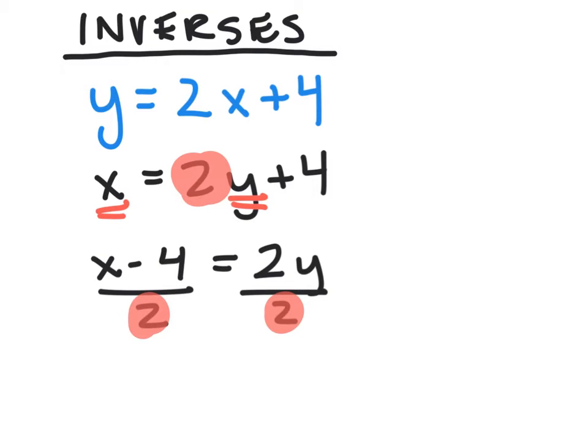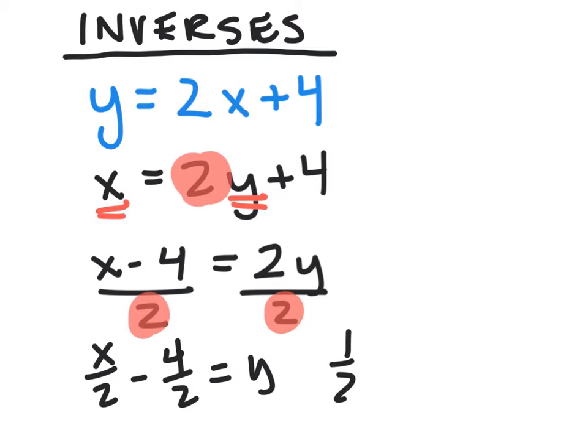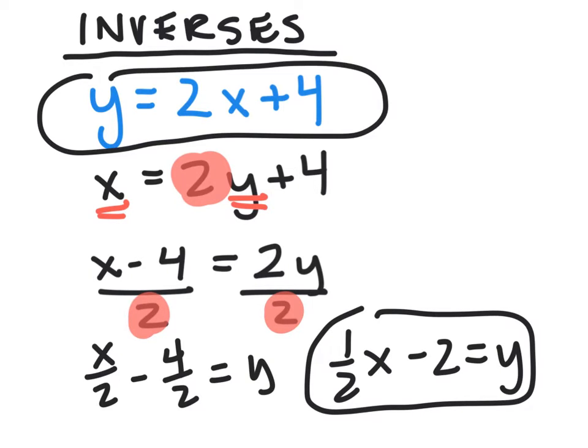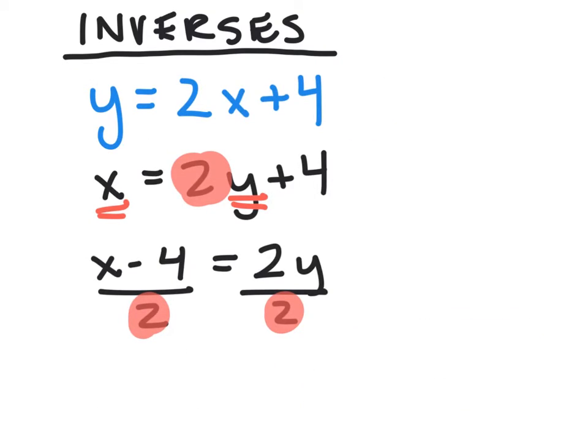And that just simplifies to x divided by 2 minus 4 divided by 2 equals y, or in other words, 1/2 x minus 2 equals y. This is the inverse of the original item. They undo each other. Let's do just one more example to make sure that it's clearer here.